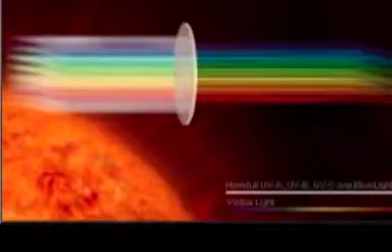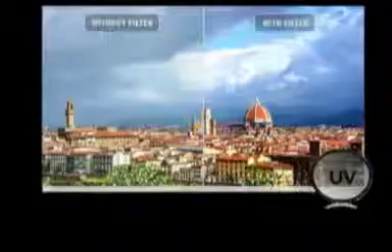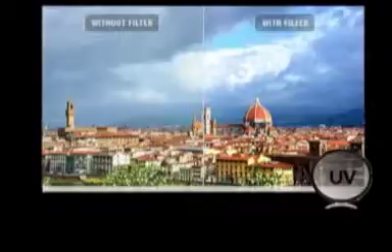A UV filter passes all or most of the visual spectrum and blocks ultraviolet radiation. Sometimes we leave this filter on the lens, thereby protecting it, at the same time always cutting out the ultraviolet light entering the film.